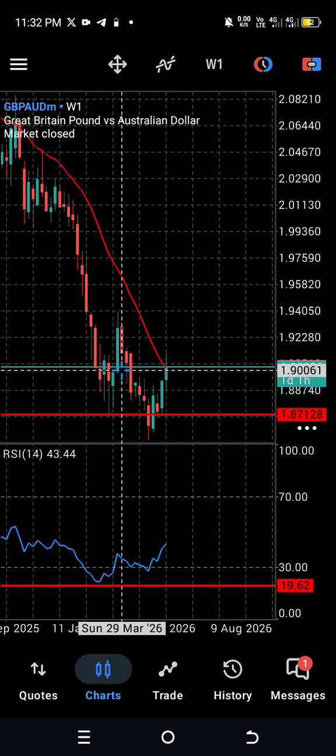So that is how to take the trade once you have spotted this divergence. This may sound confusing to you, may not, but let us look at another example.